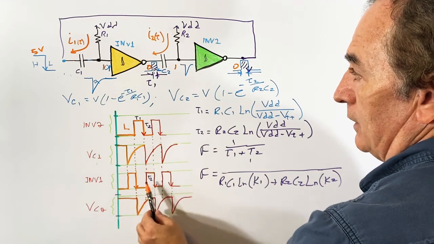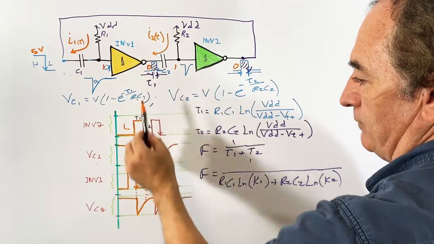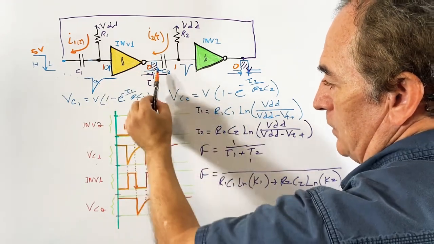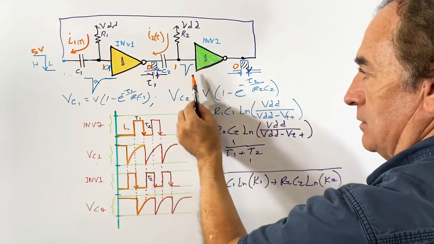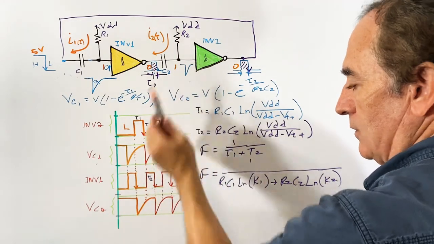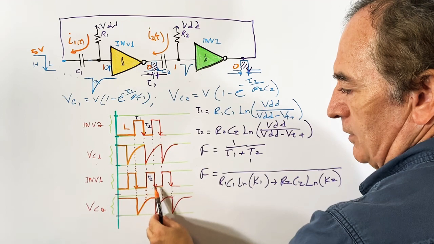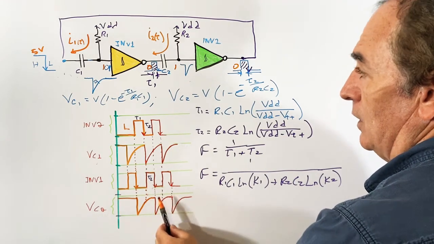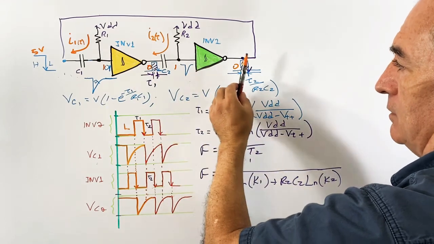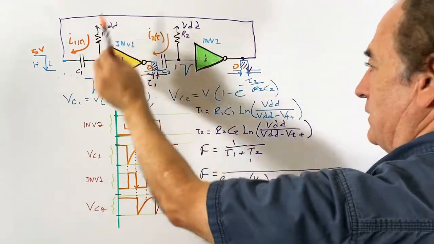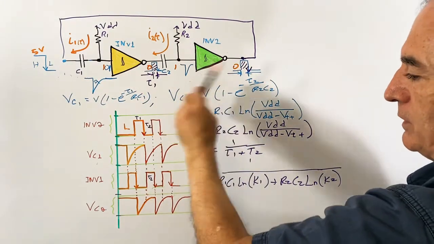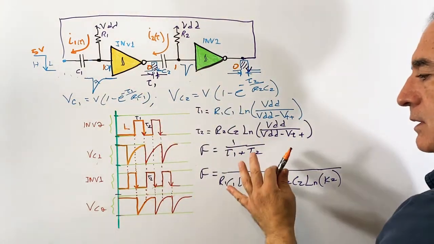And then when this pulse ends on inverter 1, it triggers this capacitor, or it represents the voltage in this capacitor, and then starts charging. So you see, every time this one is finished, it triggers the first one. So they are back and forth triggering by themselves, and that's an oscillator.